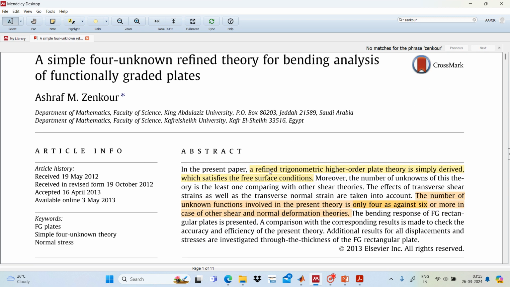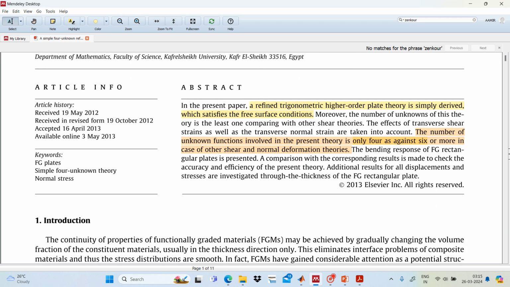A refined trigonometric higher order theory is used, which also satisfies the free surface conditions, meaning top and bottom are traction free or shear free.